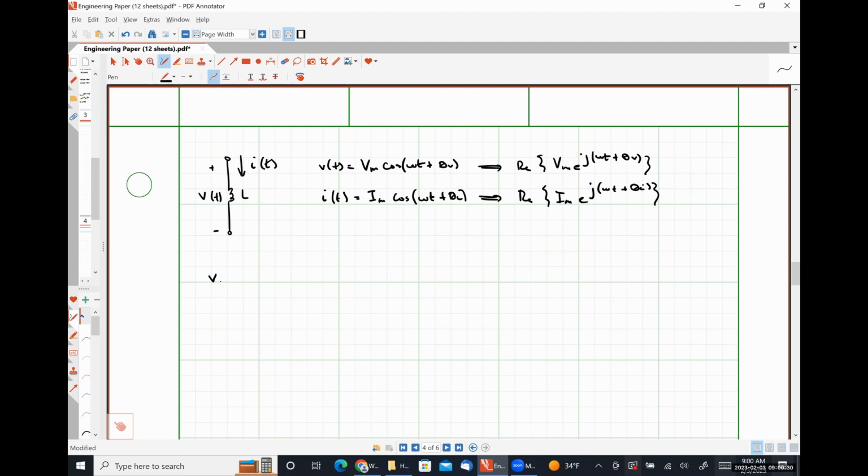The voltage drop across an inductor is equal to L di by dt.